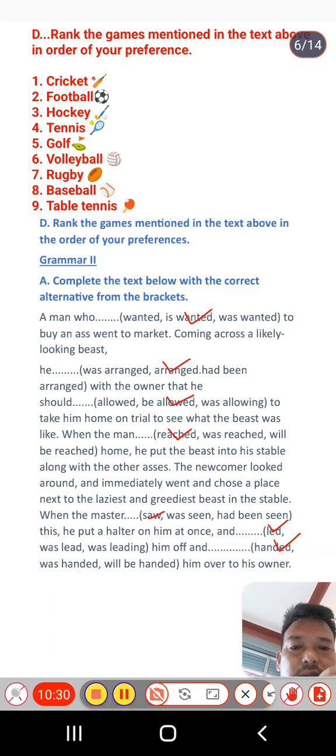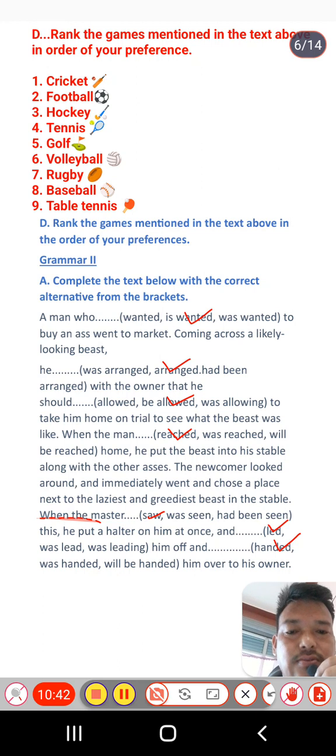As the newcomer looked around, immediately he chose a place next to the laziest and the greediest beast in the stable. Since all the story is written in past tense, most probably, that's why we are using V2, verb 2, the second form of the verb.